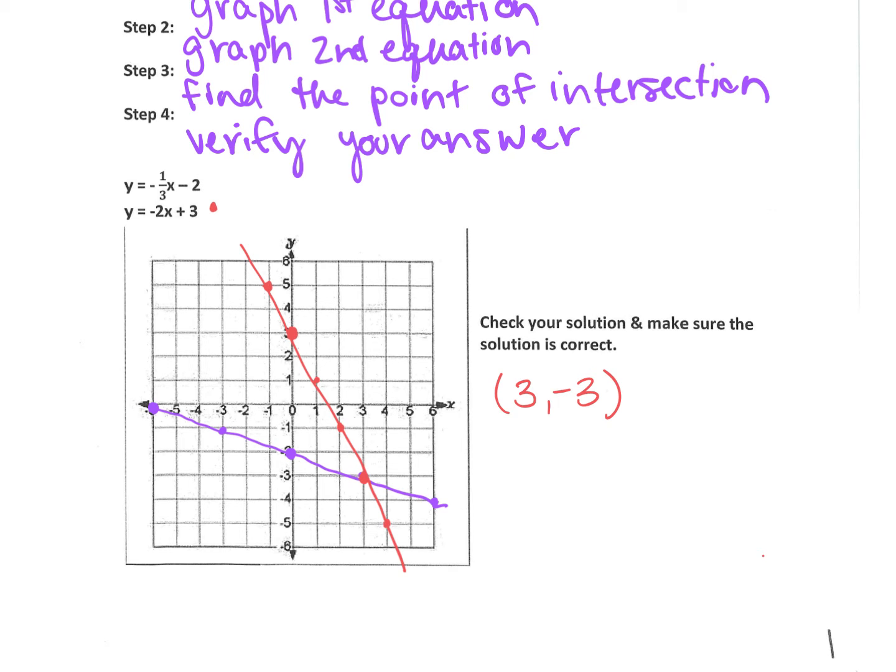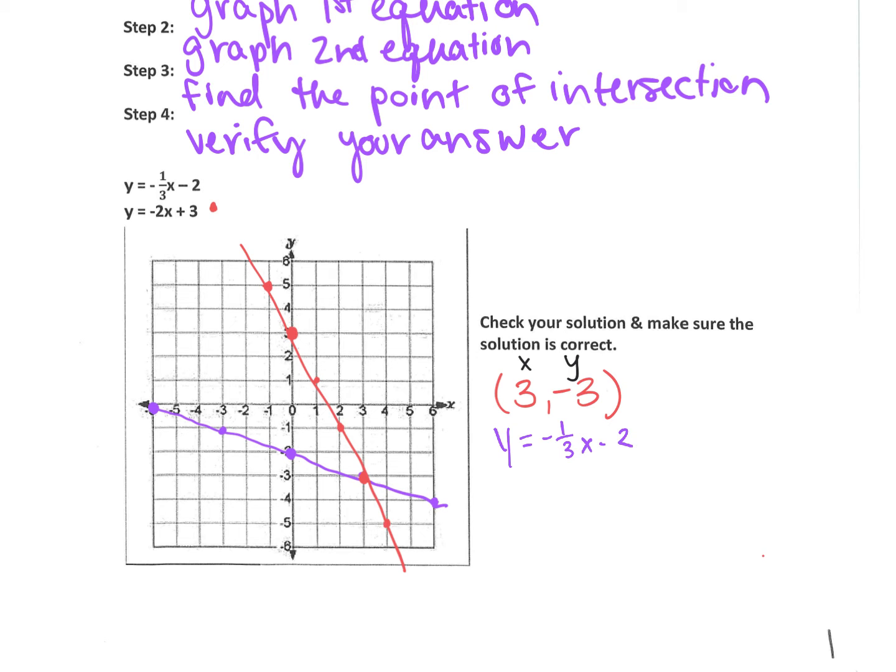So I'm going to do my first equation first. To verify our answers, we're going to replace our y and x with our respective y and x. Now remember, this is x and this is y. So we're going to say y equals negative 1/3 x minus 2.